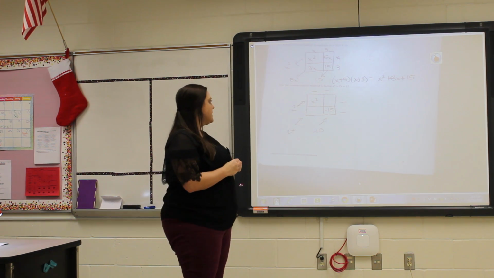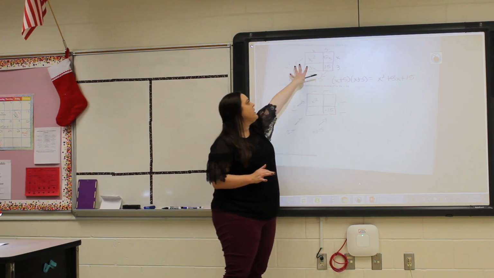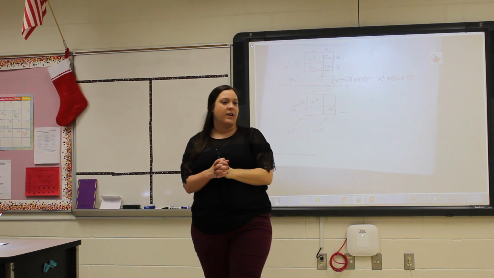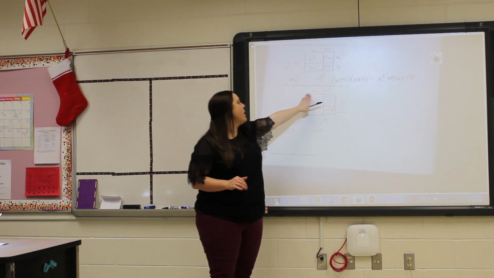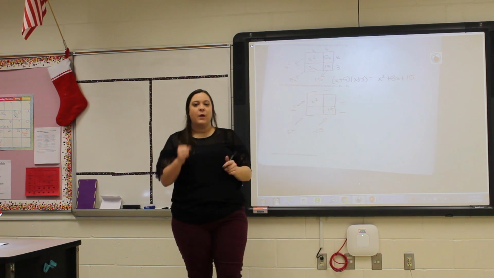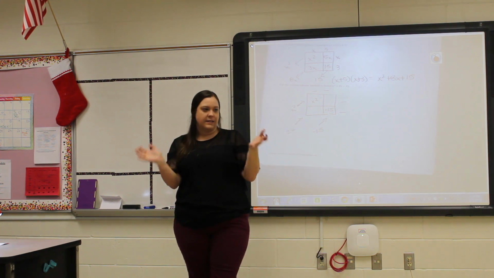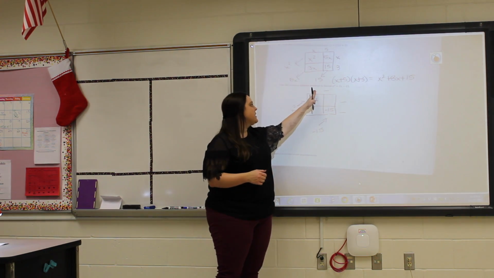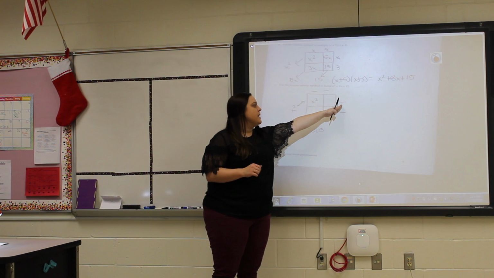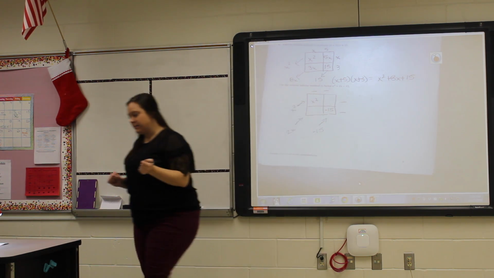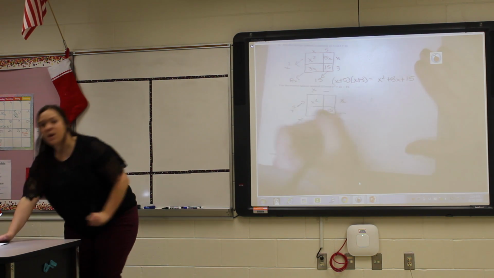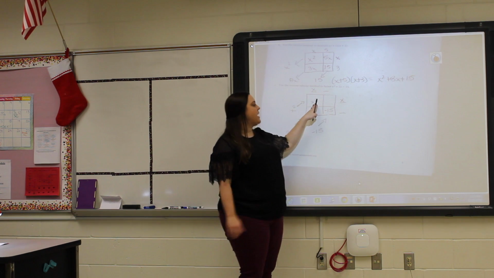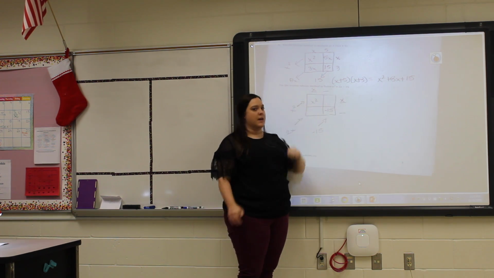Well, looking at this, based off of what we did here, are there any of the two unknowns in the spots above or to the side of the model that we can fill in? Yes, we can fill in the x on the top left and the x on the top right. We know this because the only way to produce x squared is to multiply x times x.